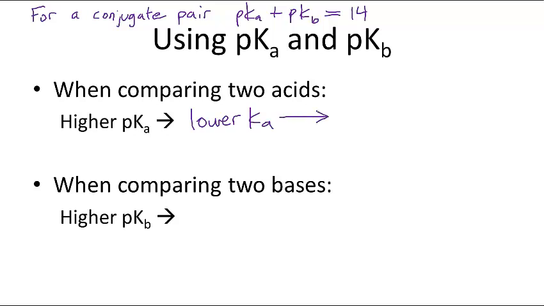And a lower Ka means what in terms of acid strength? Less acidic. It means a weaker acid. And with pKb, we can say the same thing. A higher pKb means a lower Kb, which means a weaker base.